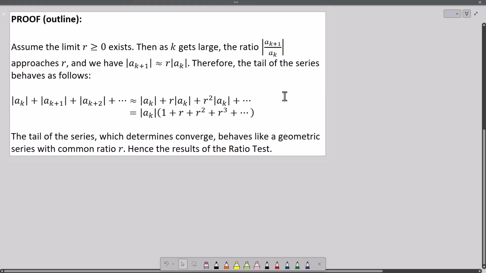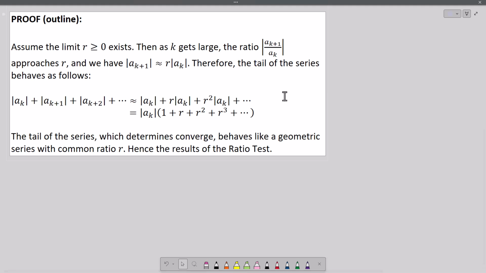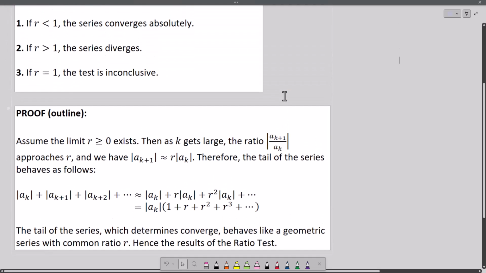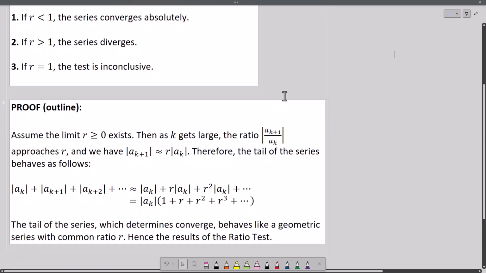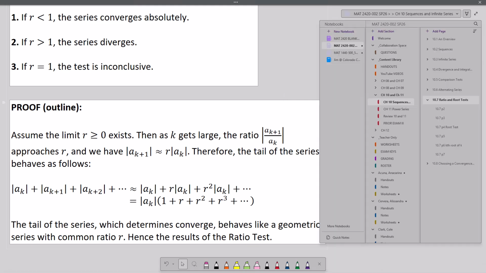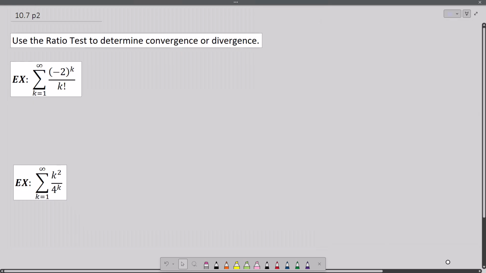So this sequence up here, the a sub k sequence, is going to behave like a geometric sequence. The geometric series has terms that are from a geometric sequence. And this is going to act geometric in nature when you get out into the tail. And so that's how we get our conclusion. So the ratio generates something that's almost a geometric series, which is why it looks like a geometric series in its conclusions. So let's try it.